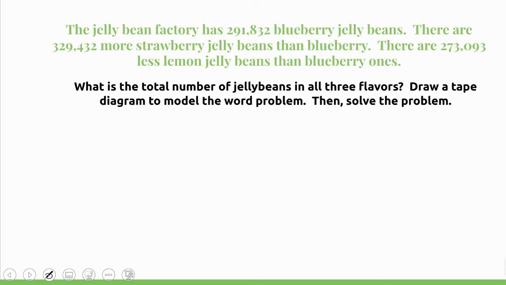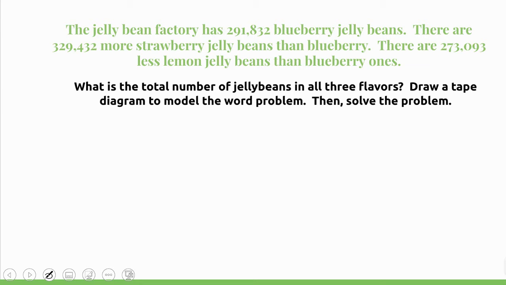Alright, here's our next one. So we're going to be using this word problem quite a bit while we solve the next couple problems. So this word problem is all the rest of the work that you're going to do. So the jelly bean factory has 291,832 blueberry jelly beans.